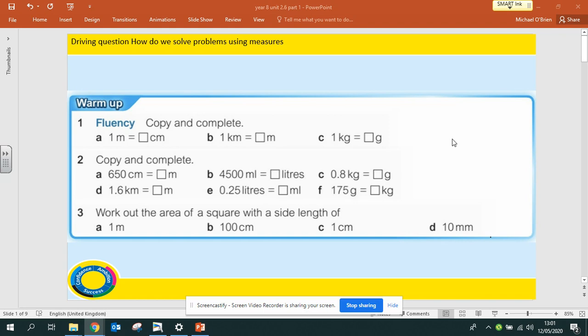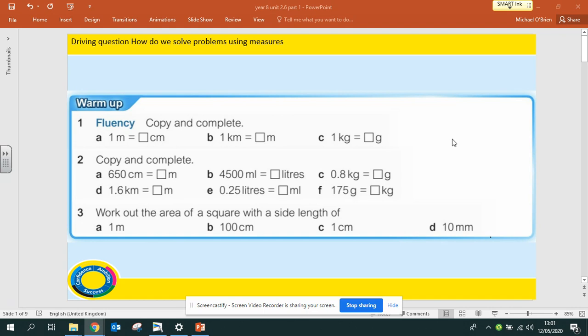There are 1,000 grams in a kilogram, so 0.8 of a kilogram would be 800 grams. 1.6 kilometers is 1,600 meters. 0.25 of a liter is 250 milliliters. And 175 grams is 0.175 of a kilogram.